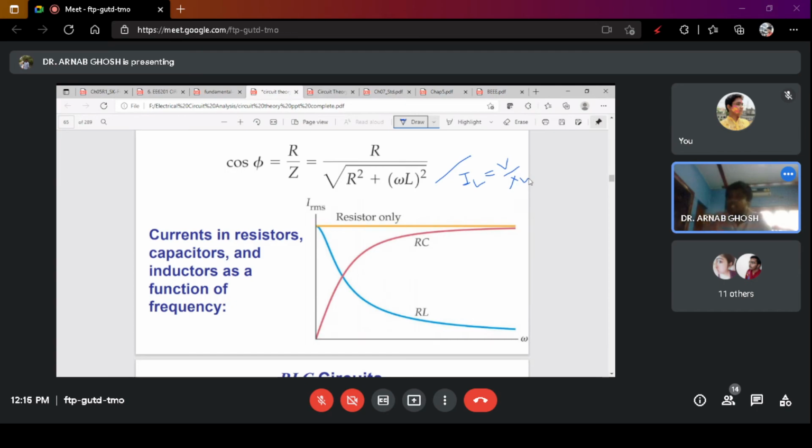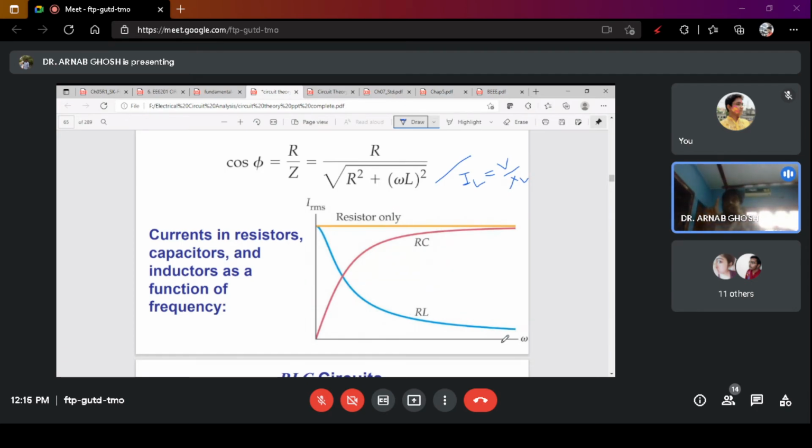You are getting this? XL is omega L, so as omega increases, V by omega L will decrease, that is your IL will decrease. For an RC circuit, the current is increasing and finally reaching a steady state. Similarly, for an RL circuit, as the frequency is increasing, the current is decreasing and finally reaching a steady state.